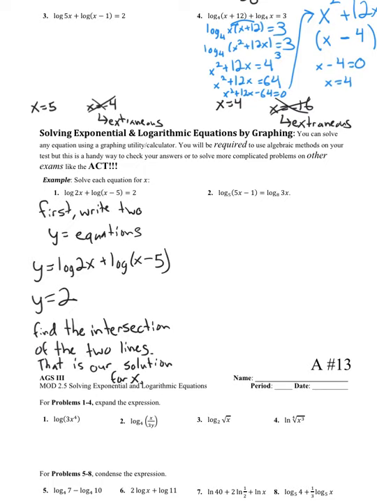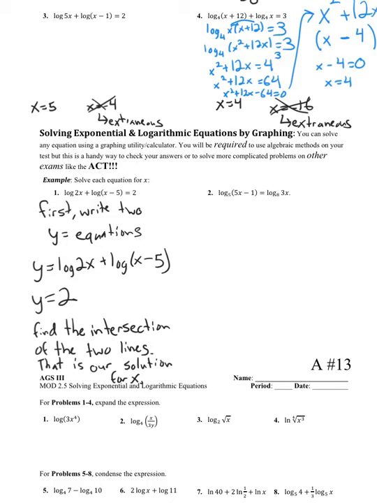But if you find the intersection of the two lines, that would be our solution for x. All right. So I'm not going to show you, like I said, the exact demonstration today. But if you type it in on the y equals sign and you graph the two lines, you'll see an intersection point. And you find that intersection point, and that's your solution. And it turns out for this one, I think it was like x equals 10 or something like that. All right.